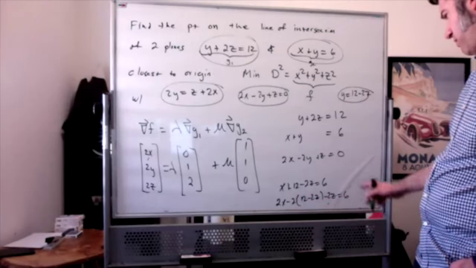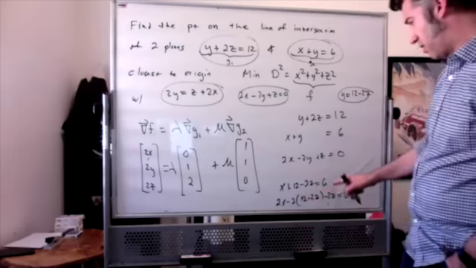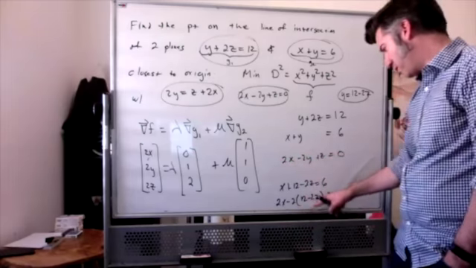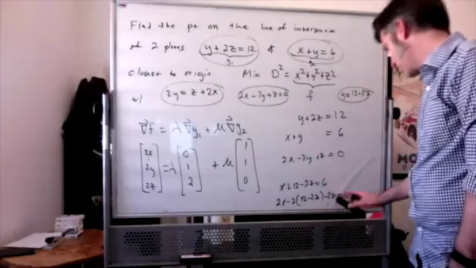Sorry, I made a mistake there. I'm plugging it into this equation: 2x minus 2 times 12 minus 2z, plus z, equal to 0.